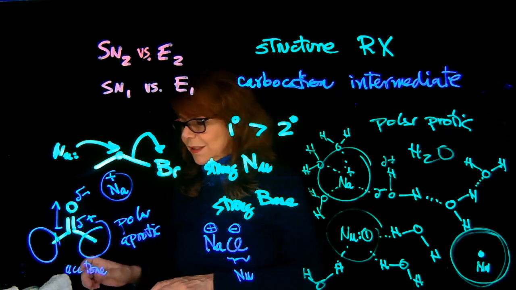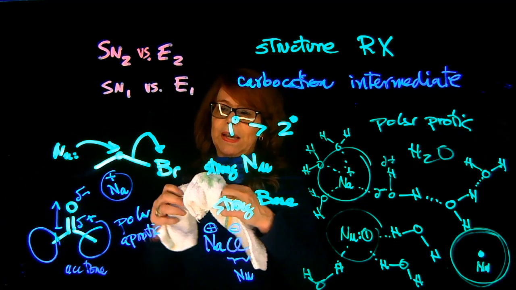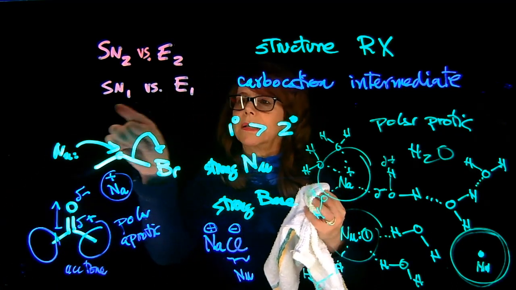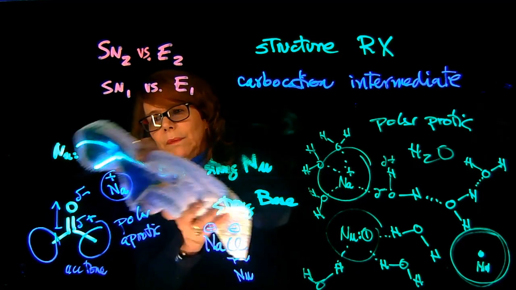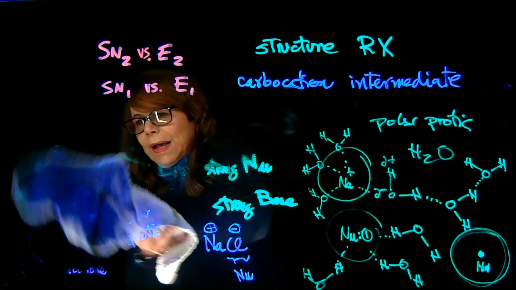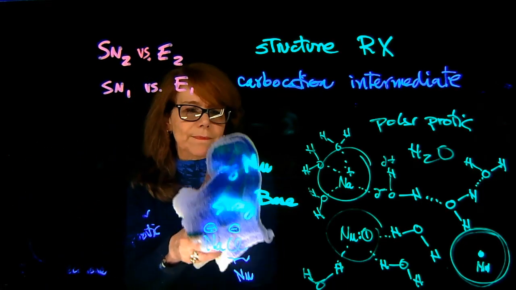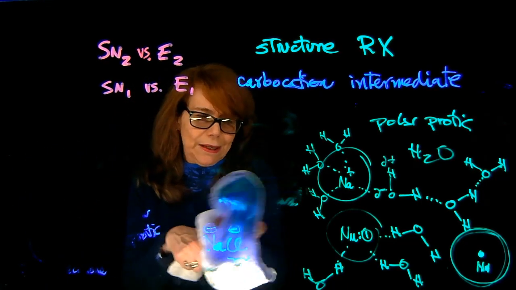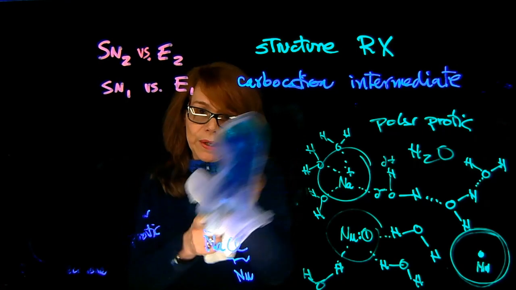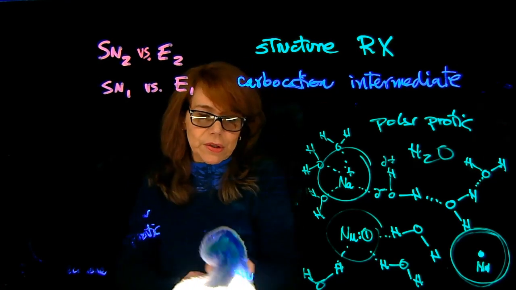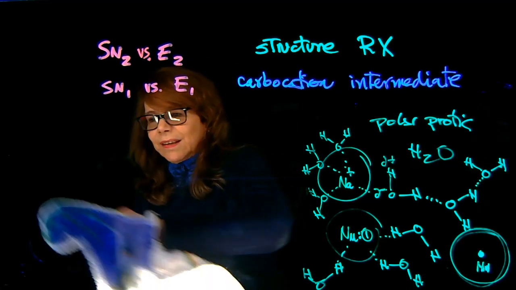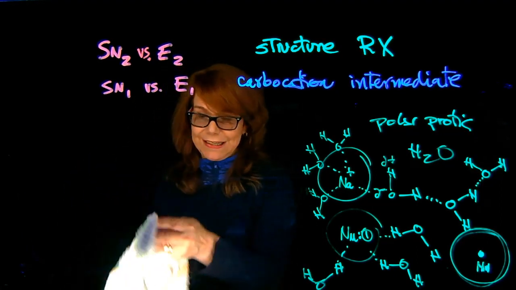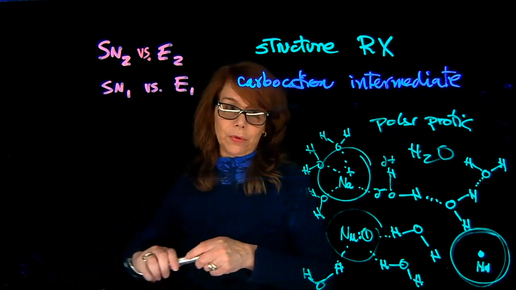Now let's analyze what happens with solvation effects in the case of SN1 and E1. Here we have to remember that both reactions, SN1 and E1, happen with the formation of a carbocation intermediate. So the first step in these two reactions is the departure of the leaving group.